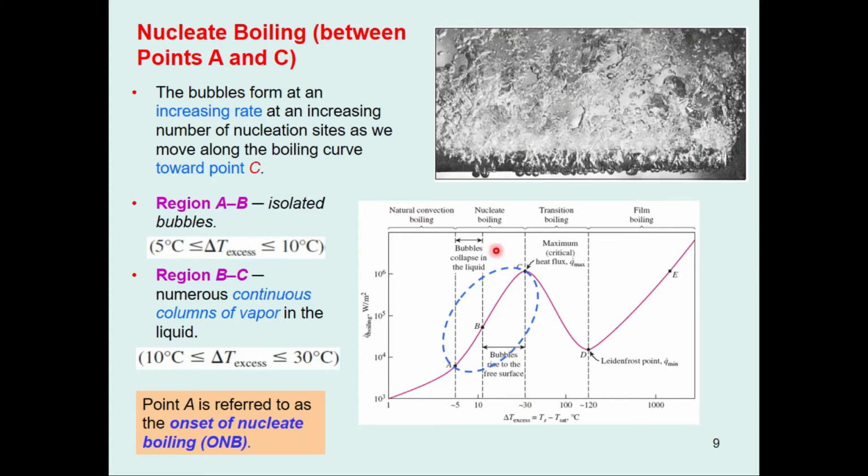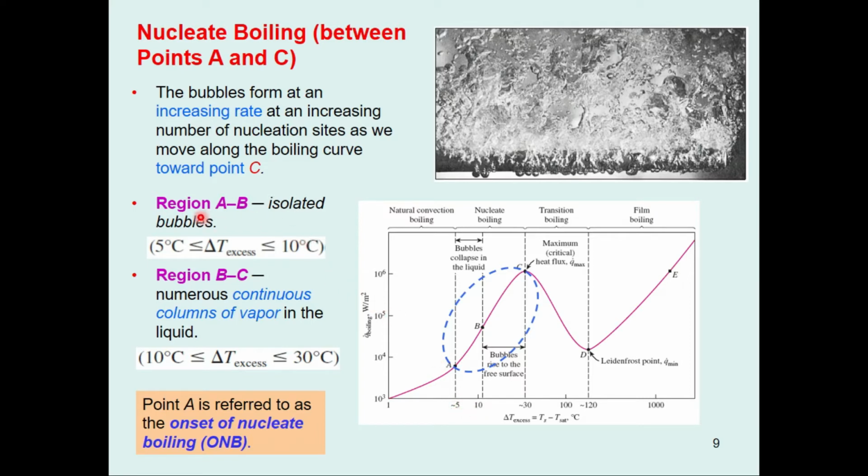So this nucleate boiling tells us about the formation of bubbles on the heating surface in the pool boiling process. So this nucleate boiling regime is further divided into two regimes, right? From point A to B and from point B to C. So from point A to B, the delta T excess is from 5 to 10 degrees centigrade.